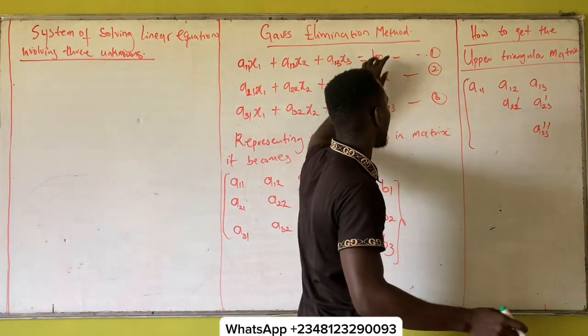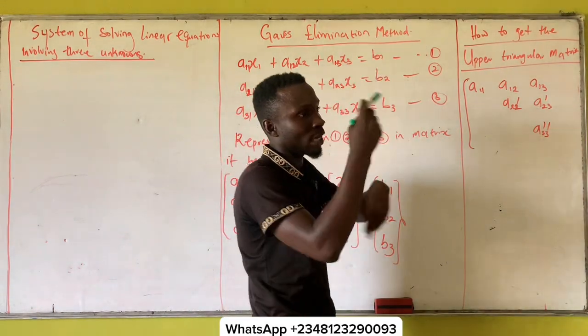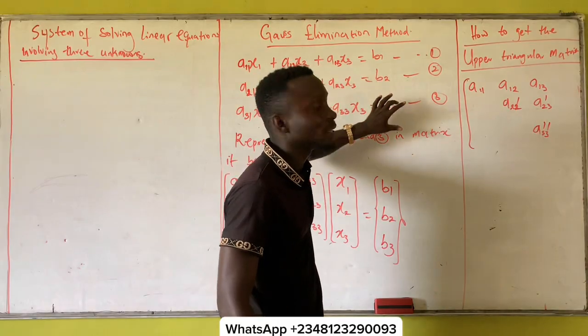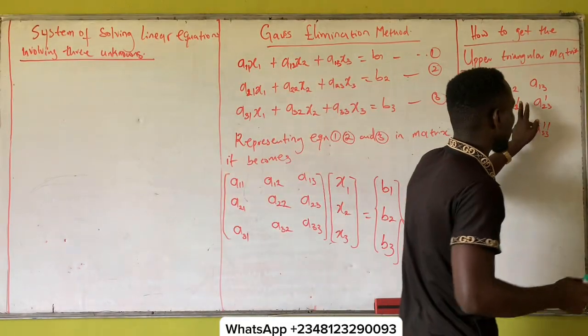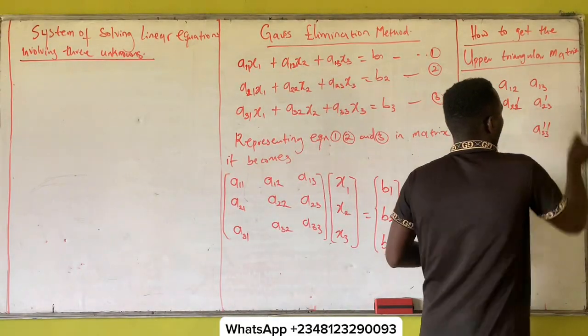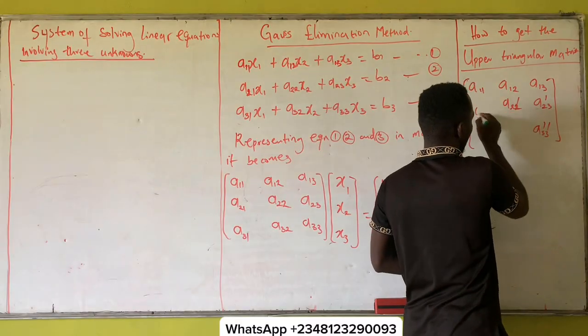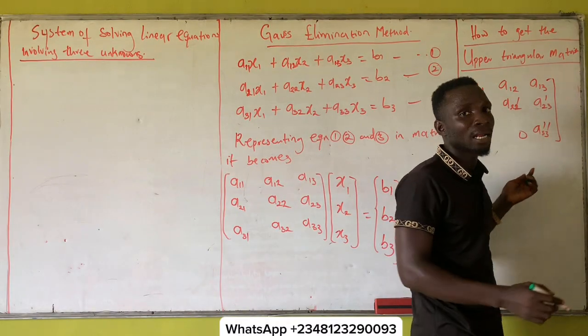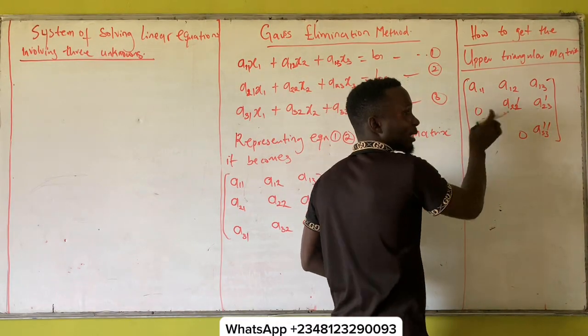The same thing applies to the values of B. While we are doing the elimination, the values of B1, B2, and B3 are changing. That's why I replace them with primes. Now let's see how we can get 0 here.